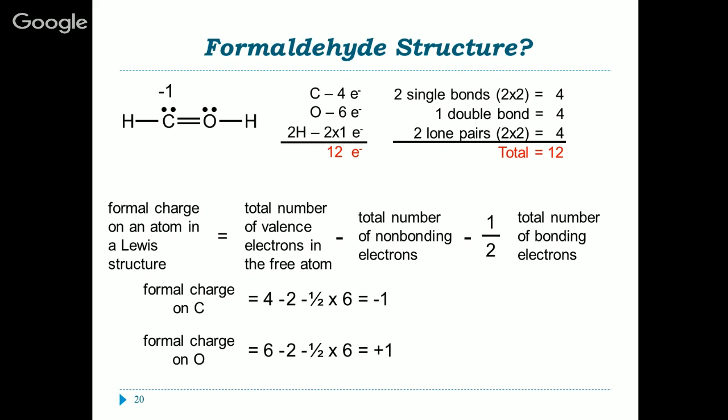So 6 minus 2 minus 3 gives me a +1 charge, which I would then write above the oxygen atom, because this is an actual charge. This isn't looking at polar covalent bonding where we just have that sigma saying this is slightly positive and this is slightly negative. These are actual charges that exist on these atoms.